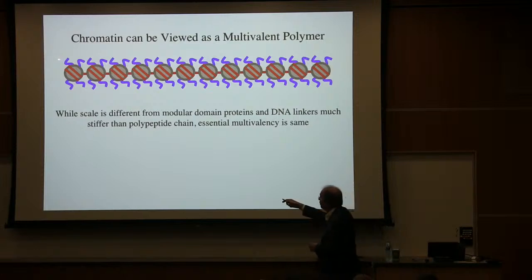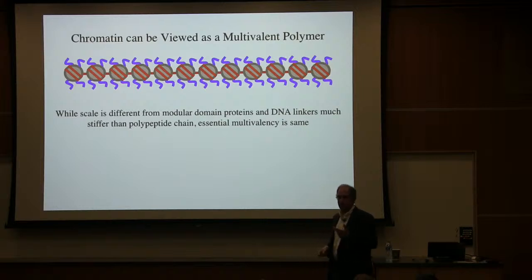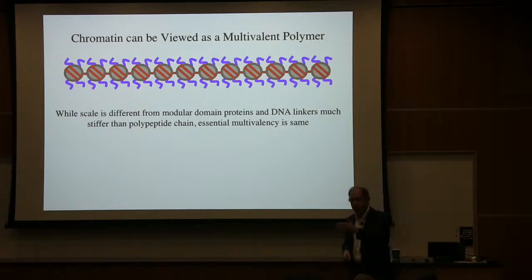Moreover, of course, we know there are many different kinds of post-translational modification, epigenetic marks, that are put onto those histone tails, and many of the proteins that read out those marks have multiple reader domains. And so that's another way of multivalency-driven interactions that could produce assembly of chromatin.